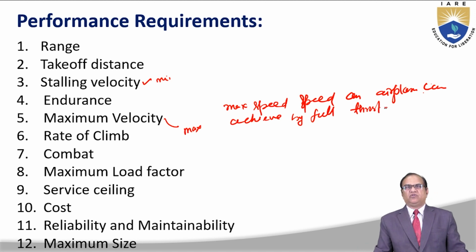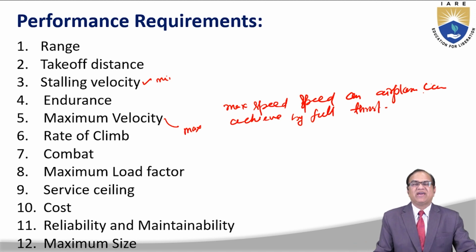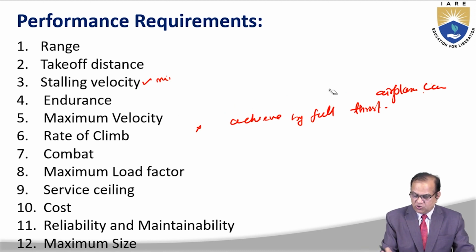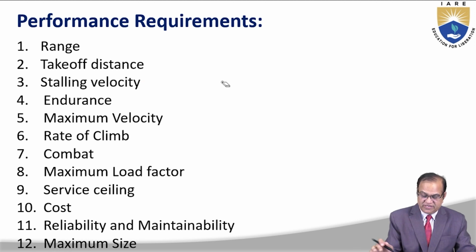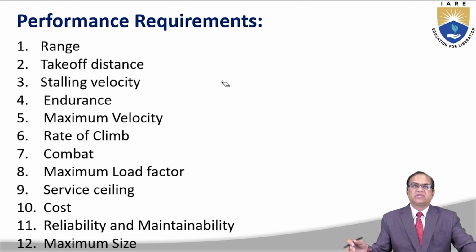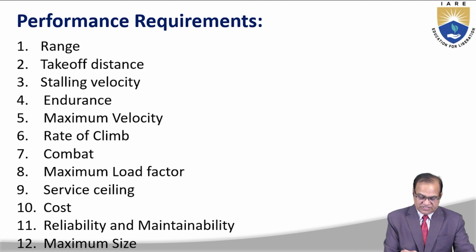Full engine thrust you give, and how much velocity maximum it can achieve, that is called the maximum velocity. So for any designer, he will be given some requirement of maximum velocity.